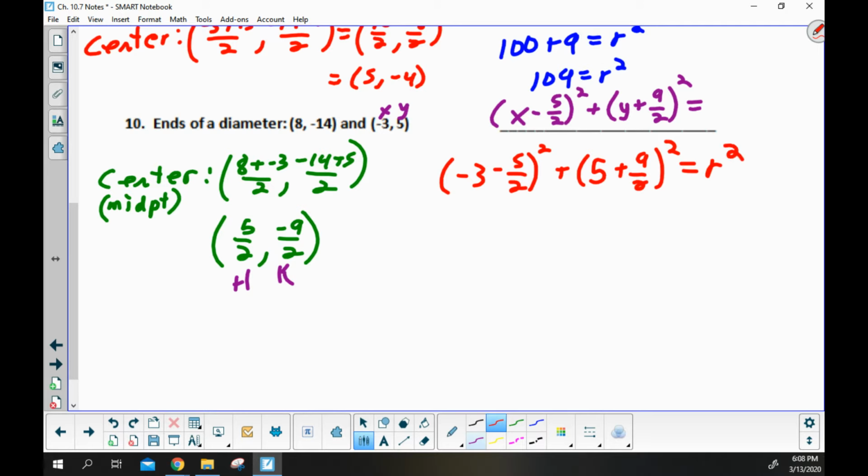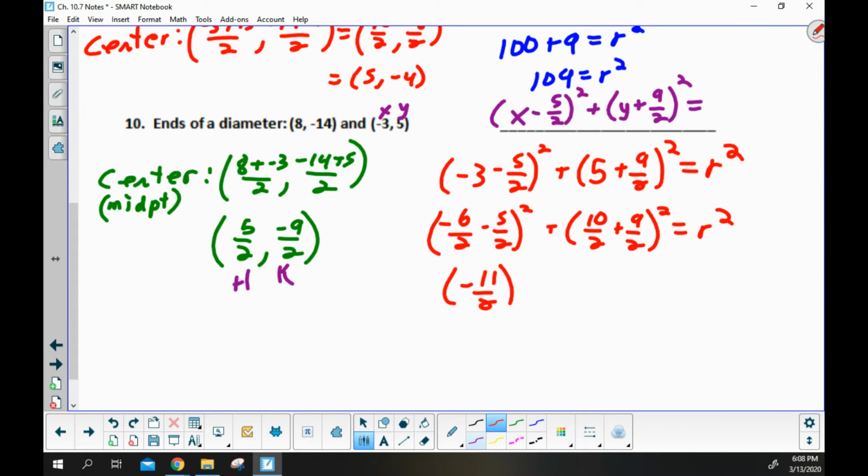All right, I'm going to convert to common denominators. It's negative 6 over 2 minus 5 over 2 squared plus 10 over 2 plus 9 over 2 squared. So that gives me negative 11 over 2 squared plus 19 over 2 squared.